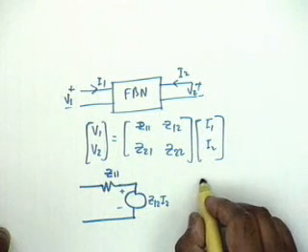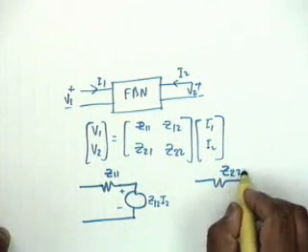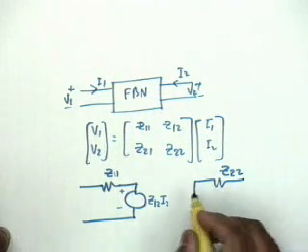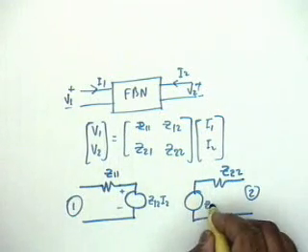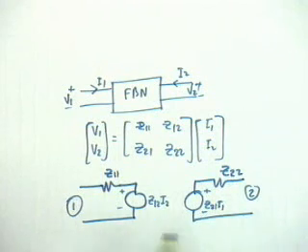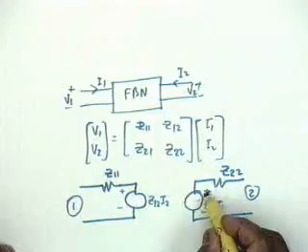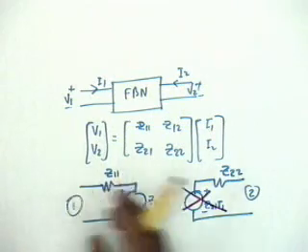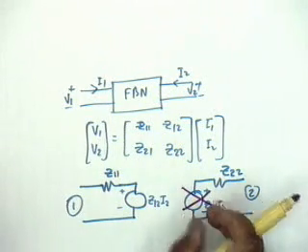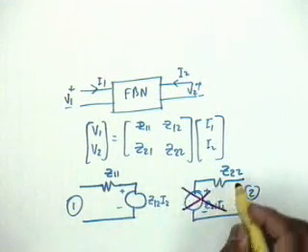Then in the other circuit it will be Z22 and a voltage source again, Z21 I1, and this is plus minus. Then comes my basic assumption, that the forward transmission through the feedback network is negligible compared to the forward transmission through the basic amplifier, and therefore I make this equal to 0. Z21 takes care of the forward transmission. If I have a current I1, then there is a voltage here. Okay, and I include Z22.